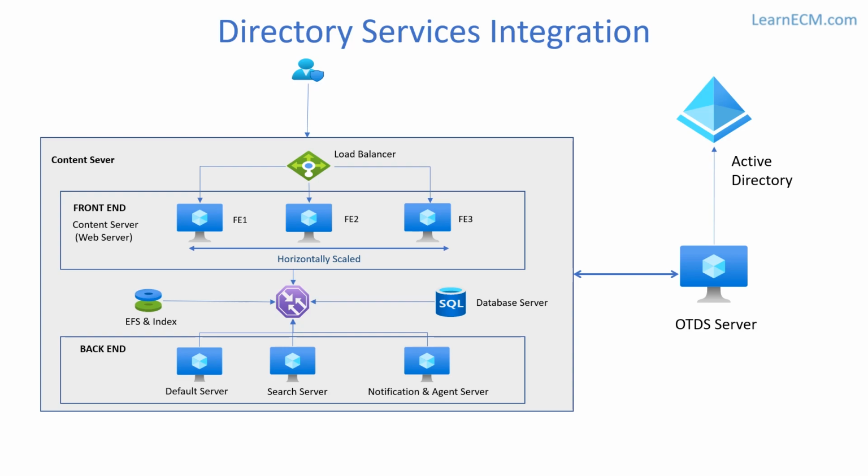If we discuss high availability, we can have it at the database level as well, with an active-active or active-passive database configuration. Also we can have multiple OTDS servers in a primary or secondary configuration, so that even if one server is down, the user can still process the request using the second server.